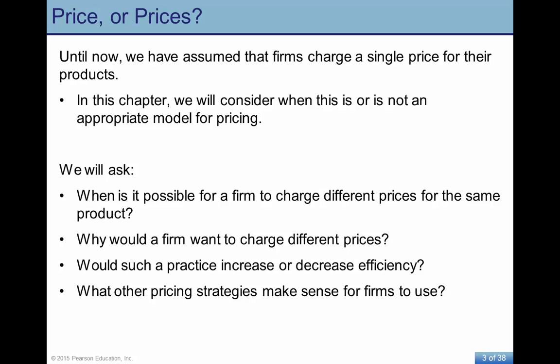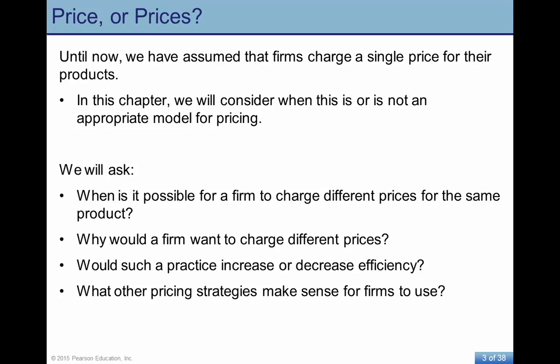Price or prices. Until now, we have assumed that firms charge a single price for their products. In this chapter, we will consider when this is or is not an appropriate model for pricing.